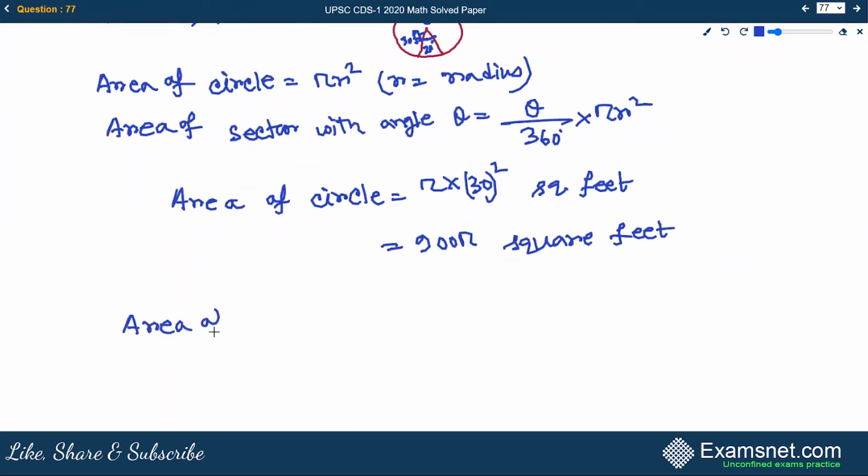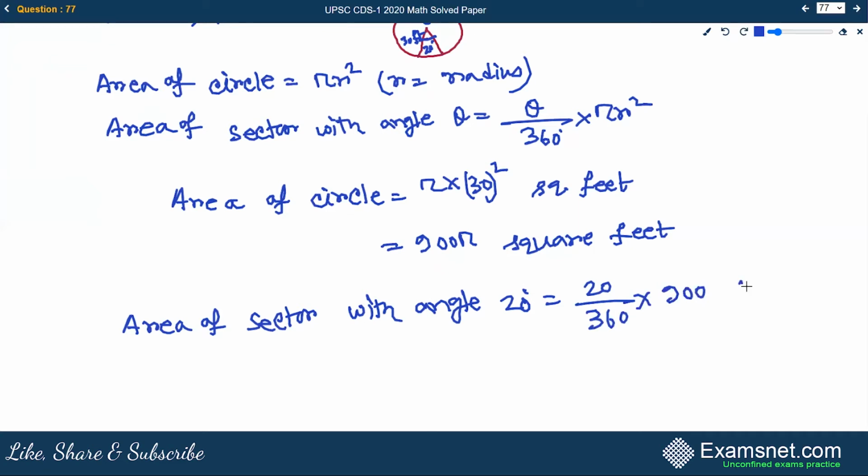Next, area of sector with angle 20 degree is 20 by 360 degree multiplied by 900 pi square feet. Here 9 4s are 36, 100, 25, so 50 pi square feet.